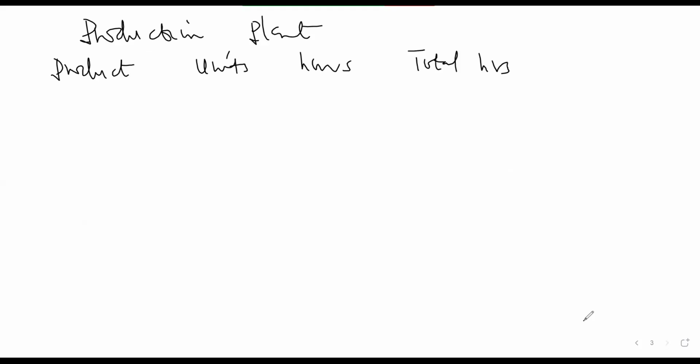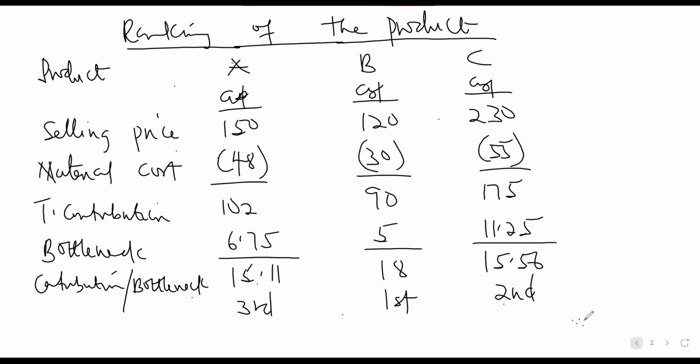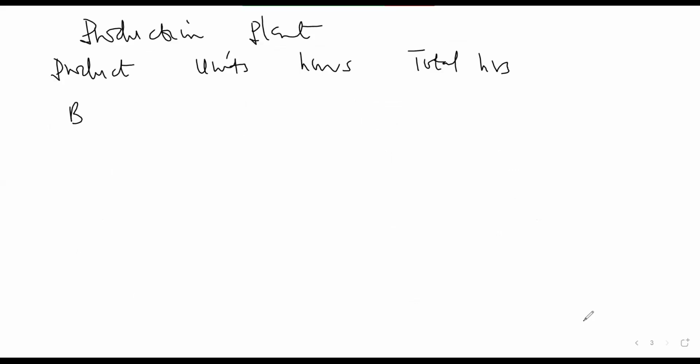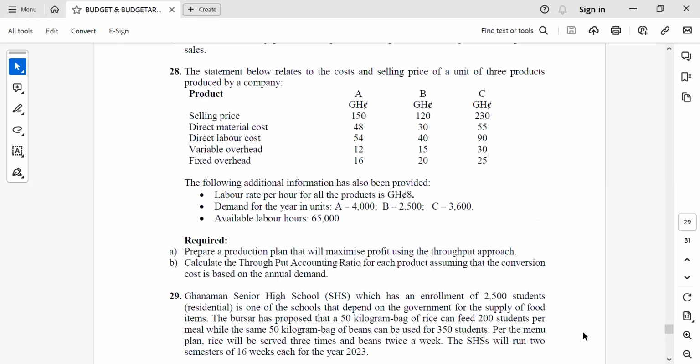Okay, so we are producing B first, isn't it? How many units of B are we producing? We have to produce all the units. So how many units are we producing for B? 2,500.